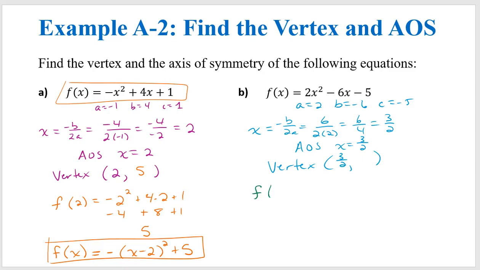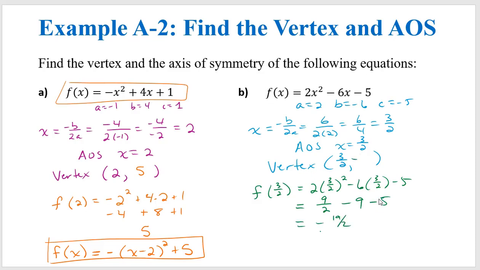And I will plug that into the function to figure that out. So take the function, and I'm going to plug in 3 halves. So that's going to be 2 times 3 halves squared minus 6 times 3 halves minus 5. And this is where, again, you would just use your calculator. This first term, when I plugged that in my calculator, was 9 halves. The second term is 9, and the last term is 5. So add those all together, and you get negative 19 halves.